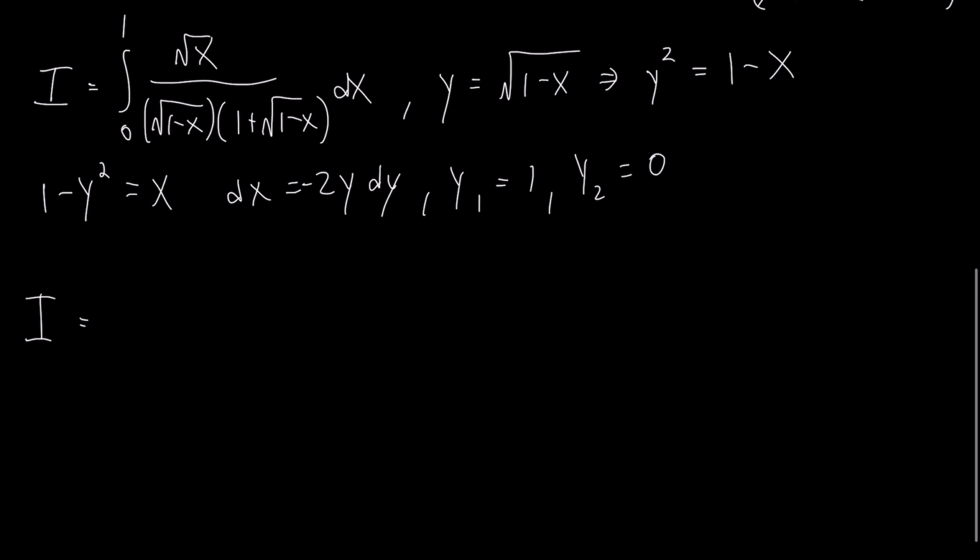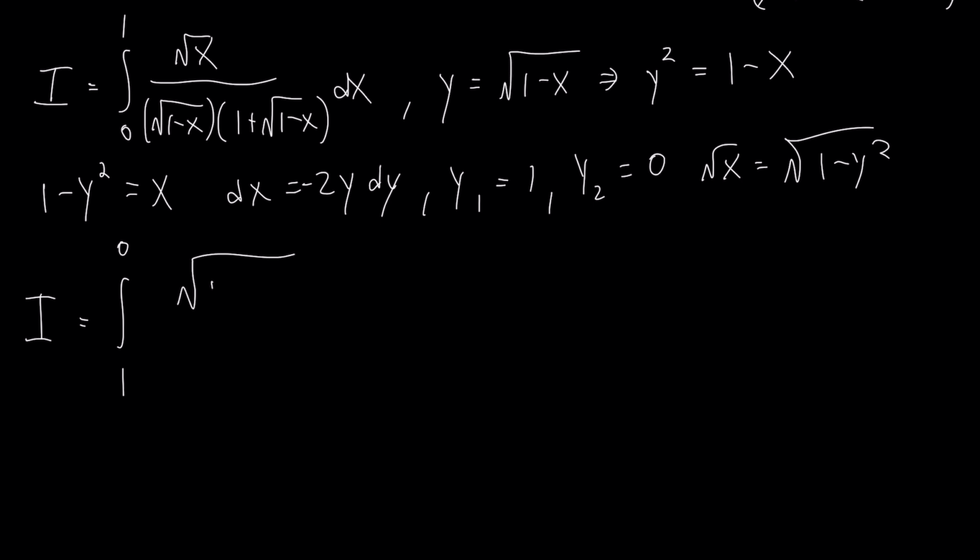So our integral is now the integral from 1 to 0 of the square root of x. But if we solve this equation, we have that the square root of x equals the square root of 1 minus y squared. So square root of 1 minus y squared, and then we'll have a y times 1 plus y, and dx is times negative 2y dy.